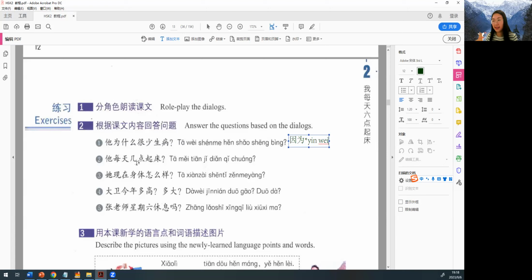And the second question, 他每天几点起床？That's a very easy question. And then number 3, 他现在身体怎么样？Here there can be many types of answer. If you want to say she doesn't feel well, she's sick, you can say 她生病了.